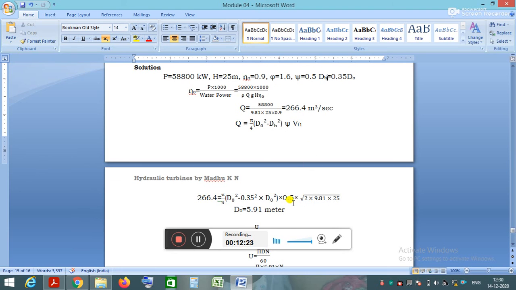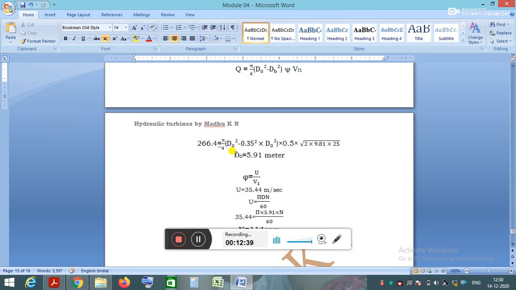Vf1 can be found as 0.5 times the absolute velocity according to the flow ratio. To find the absolute velocity, we have the equation square root of 2gH. H is given, g is known, the acceleration due to gravity. We can find out the outer diameter of the wheel.